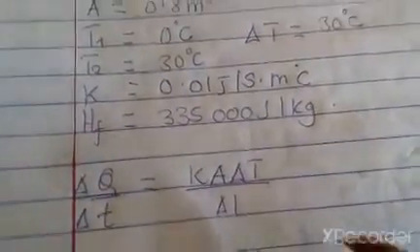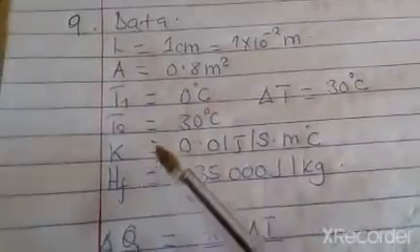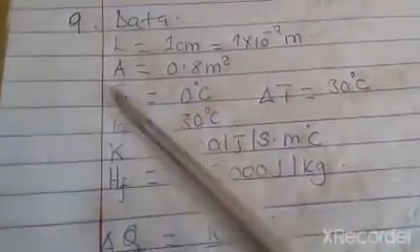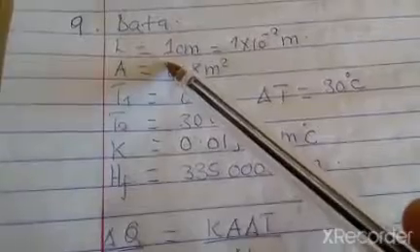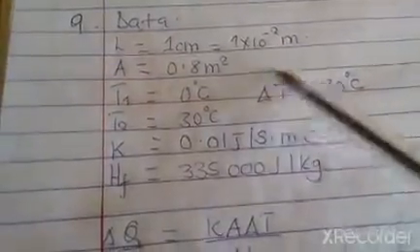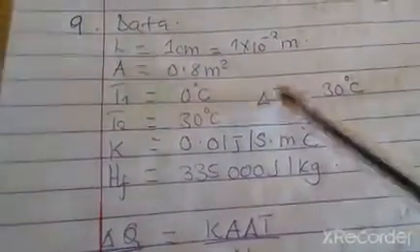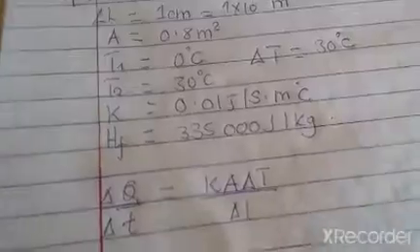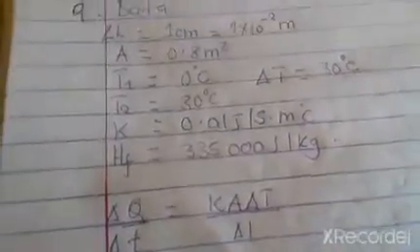So from the information that we have here, we've got K, we have the area, we have the change in temperature, and we also have the thickness, which is L. So we can substitute and we'll be able to get what we actually want.